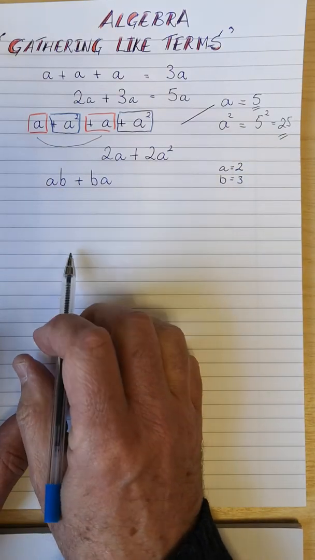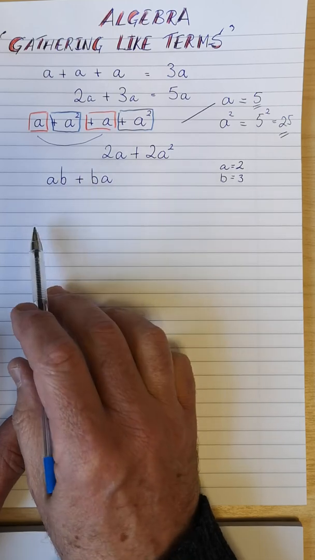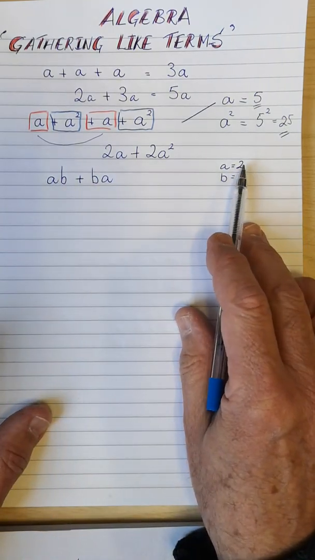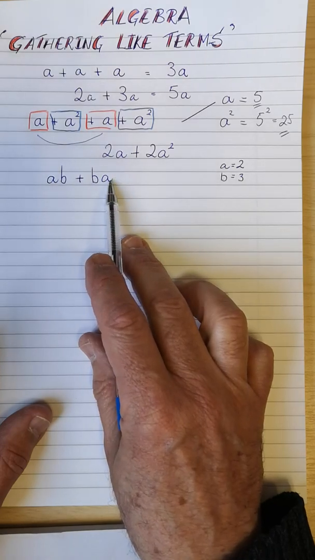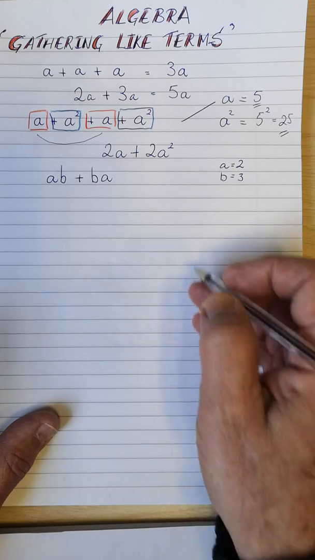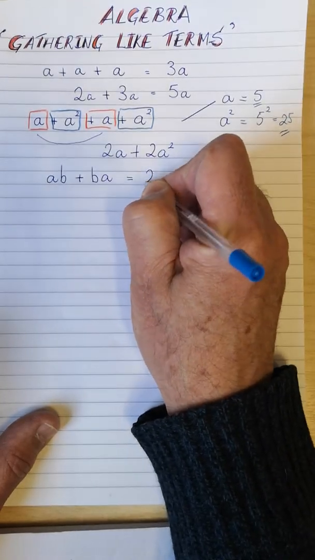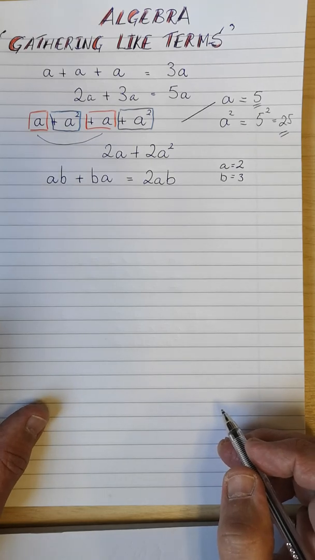What does AB actually mean? It means A times B. So let's times it. A times B, 2 times 3 is 6. B is 3, A is 2, 3 times 2 is 6. So yes, they are like terms. So in actual fact, all I've got here are 2 lots of ABs.